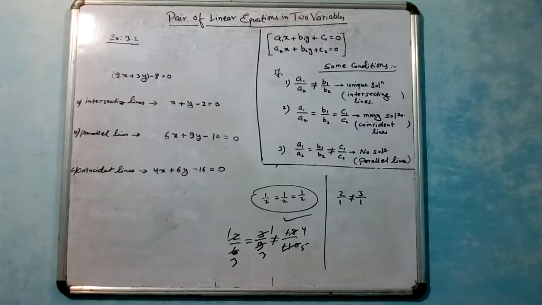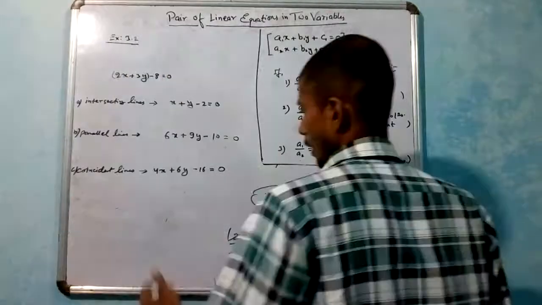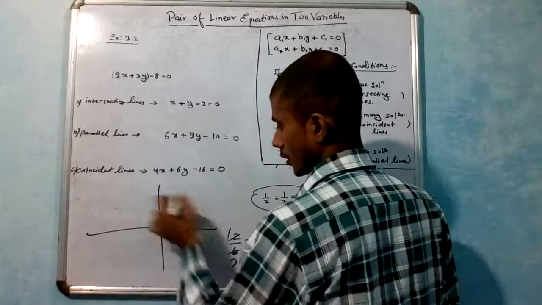The triangle should be formed by these two lines and the x-axis. For example, see, if we have plotted the two equations, and we have got something like this.